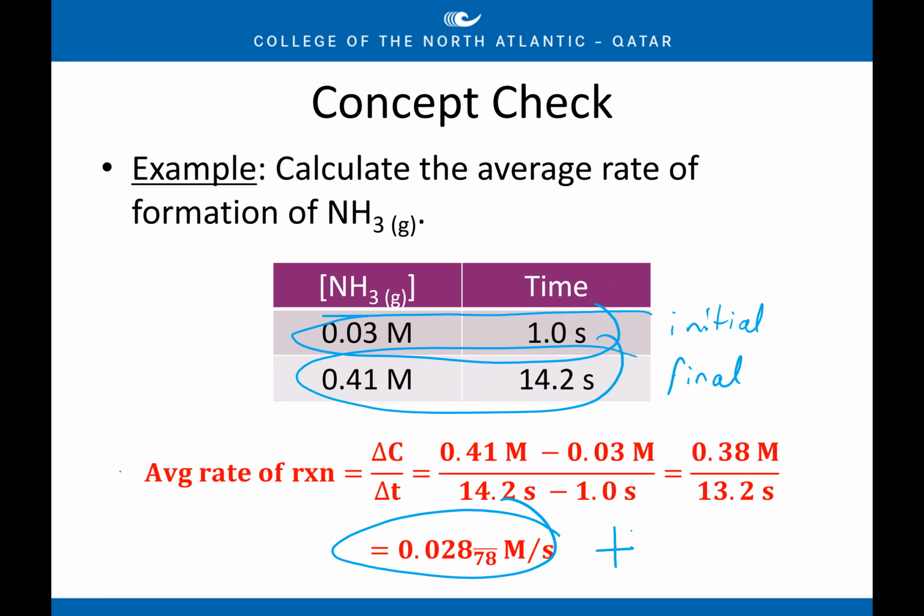So the answer here, if I was being picky, I would call this 0.29 moles per liter per second. That's just because of rounding. If this was a test, I don't care if you said 0.28. So for any of you students who said 0.28, doesn't matter.